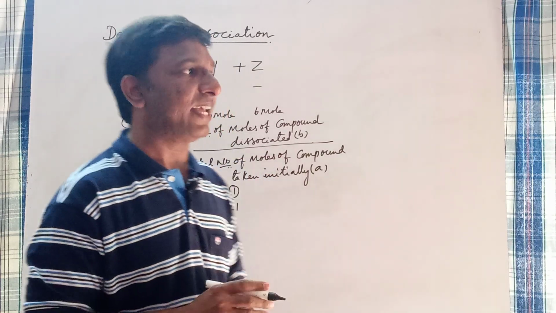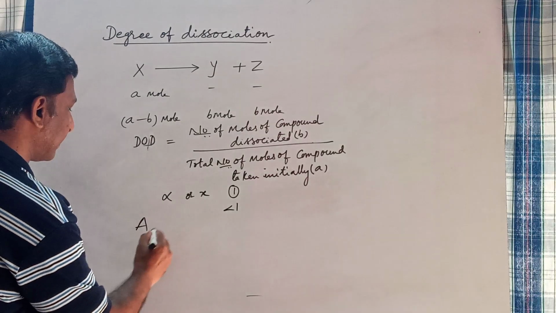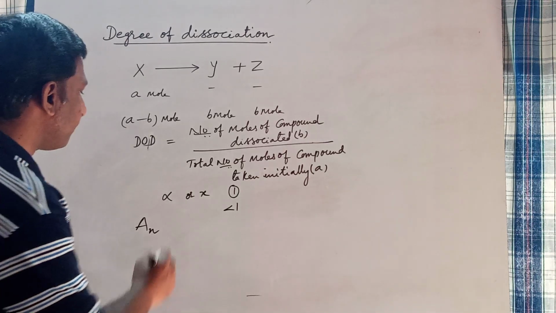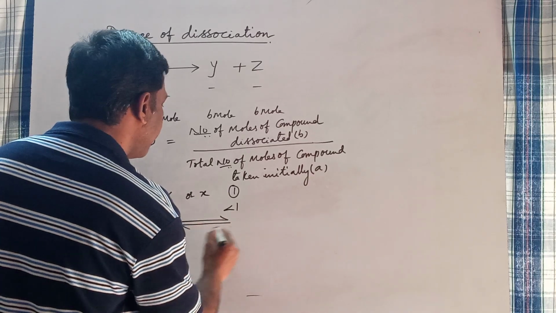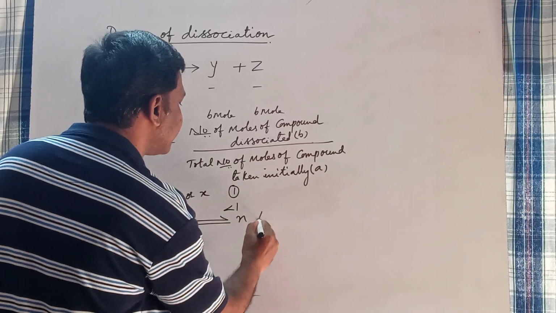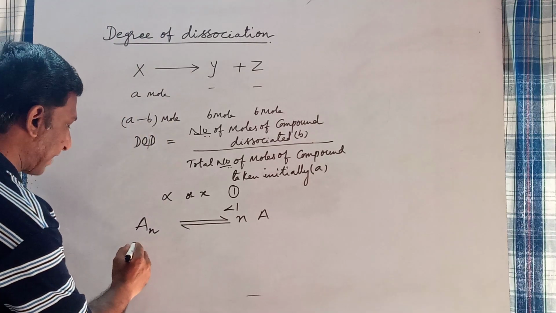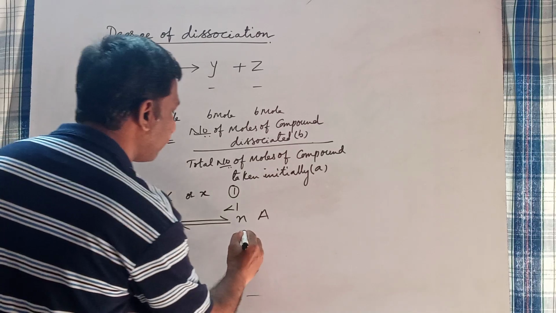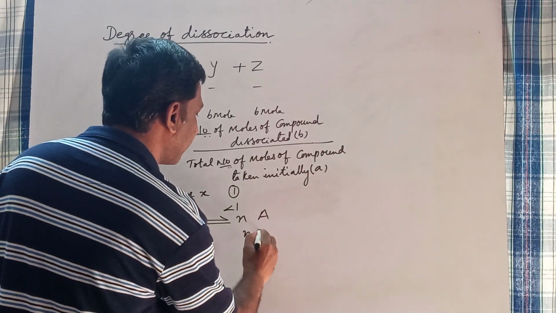Let us see a reversible reaction. AN is a large complex molecule which is decomposed to N moles of simpler molecules A. As per the stoichiometric equation, 1 mole is decomposed to form N moles of simpler molecules.